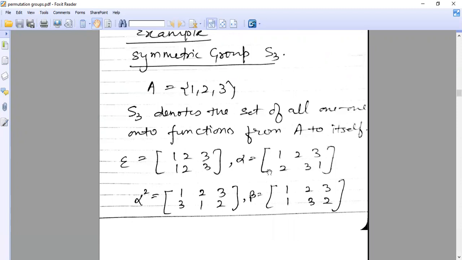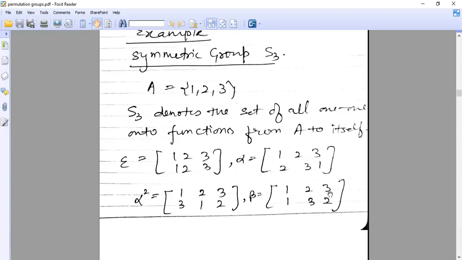So if alpha is there, then alpha composite alpha, alpha into alpha, alpha square will also be there by your closure property. So what is your alpha square? You can just compose alpha into alpha, then alpha square will be this, and this is some other permutation beta. So here 1 is going to itself, 2 is going to 3, 3 is going to 2.